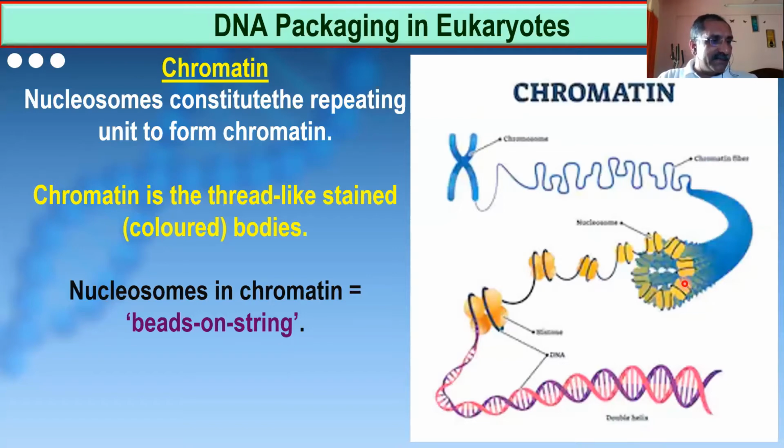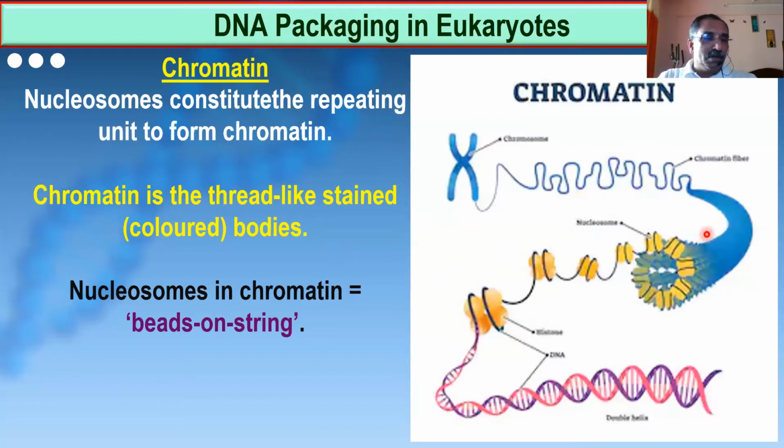Now this is the chromatin. This is nothing else, this is the thread-like stain bodies. Chromatin is the thread-like structure that you see over here. And how is this thread-like structure formed? By the repetition of these nucleosomes. The repeated nucleosomes constitute the chromatin.